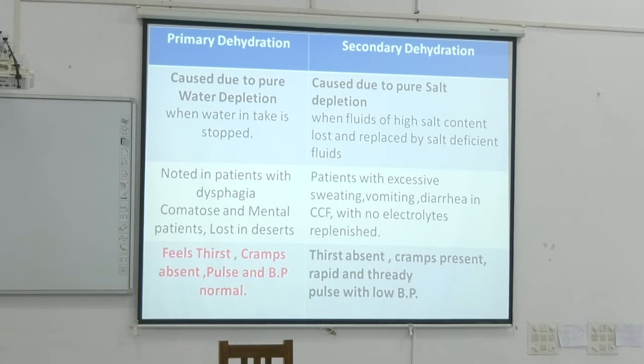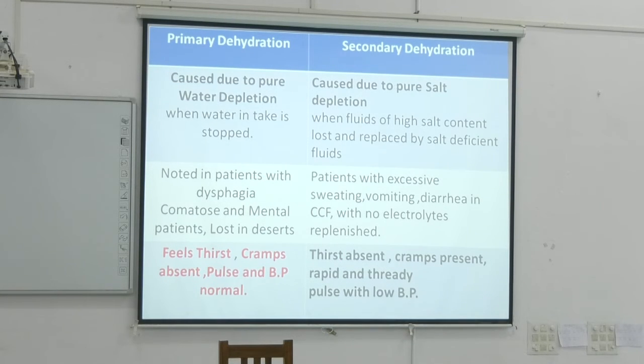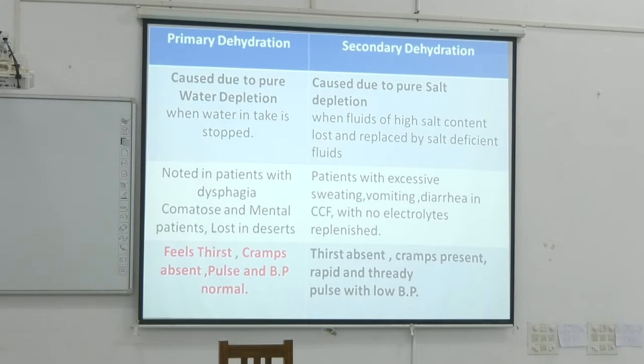So generally, in the first slide you see the main cause of primary and secondary. Second, what kind of condition the person feels in both conditions, and lastly which symptoms arise in primary dehydration and secondary dehydration.